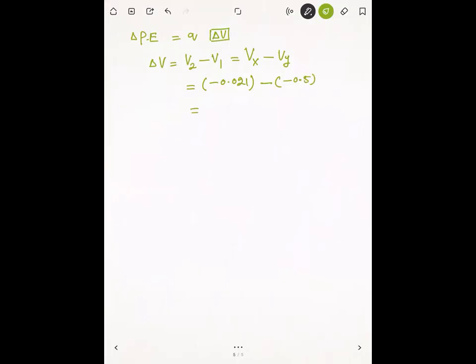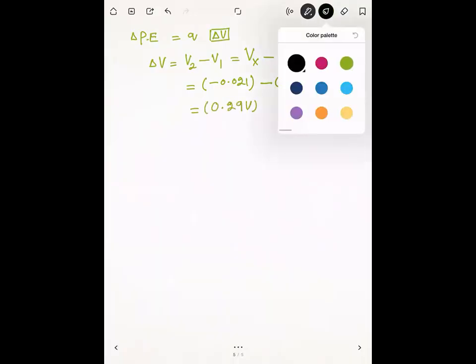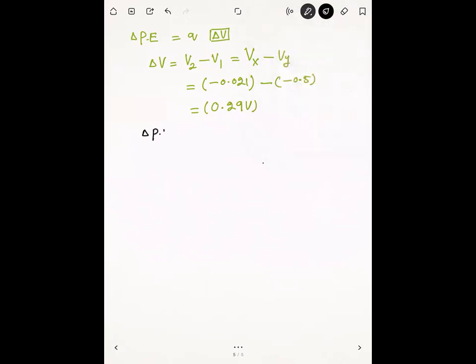So the answer of this part will become negative 0.021 minus, in fact, plus 0.5, and the answer is 0.29. So this is 0.29 volts. And even if it would have been negative, we would have ignored the sign. So we calculate delta PE as a magnitude.